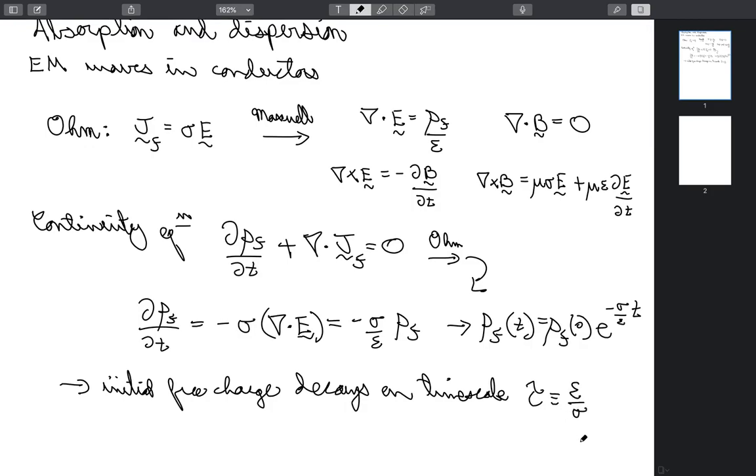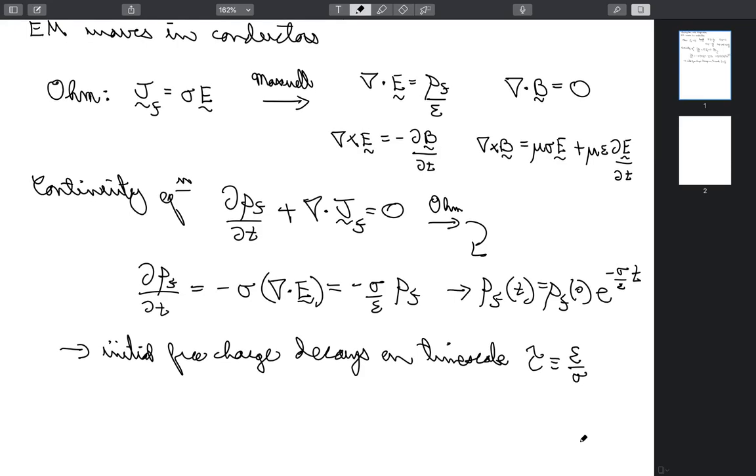Now, for a good conductor, you're talking really stupidly short time scales here, like 10 to the minus 18, 10 to the minus 20 seconds. So, very, very difficult to observe. But nonetheless, it's a finite time scale.